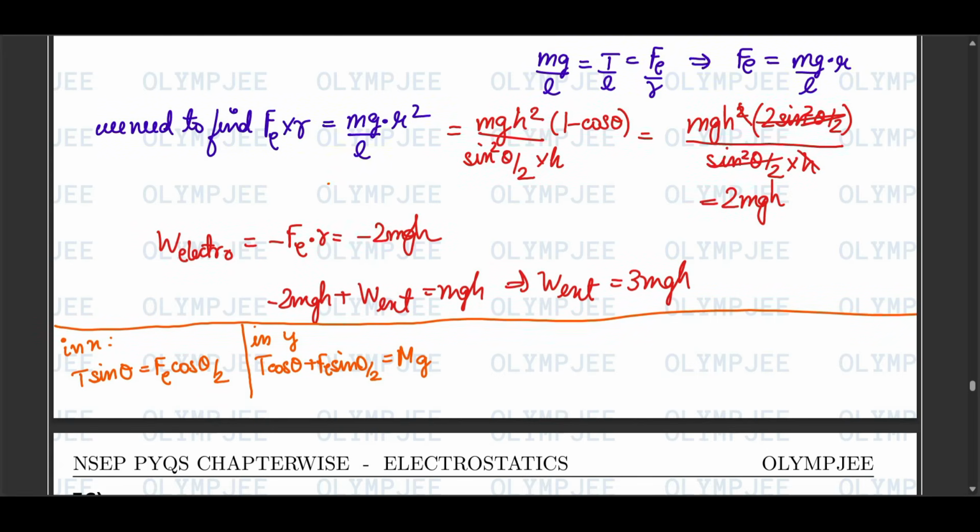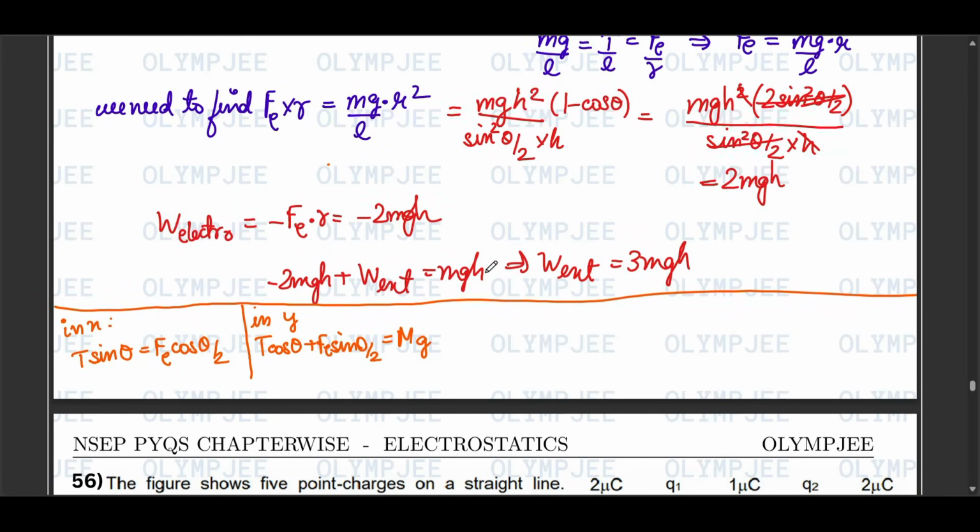So I am going to be proving that T is equal to mg, which we got from here, because the denominator is same, so mg is equal to T. So let me get Fe in terms of T. Fe is equal to T sine theta by cos theta by 2.